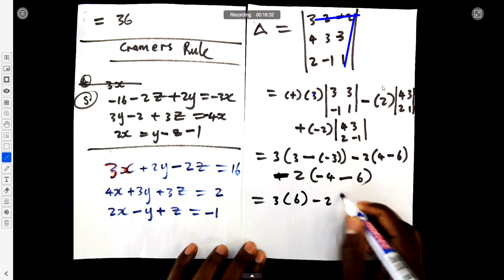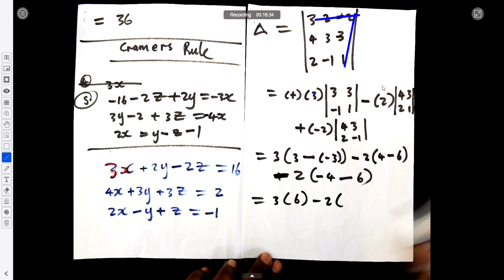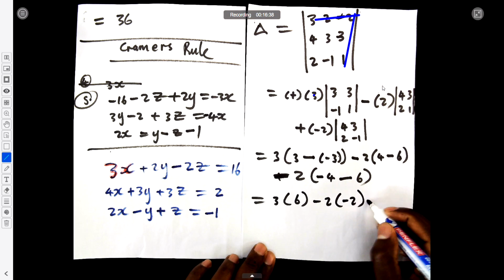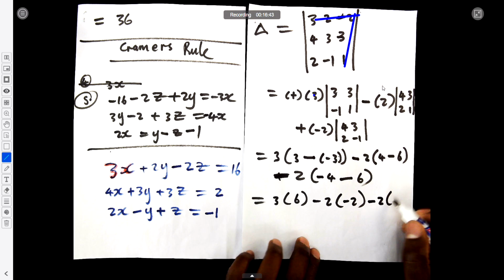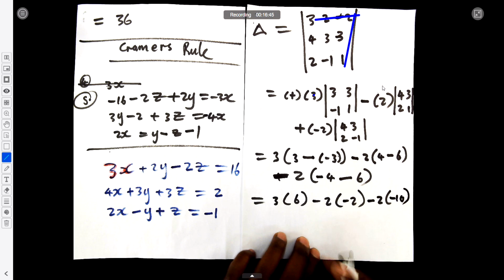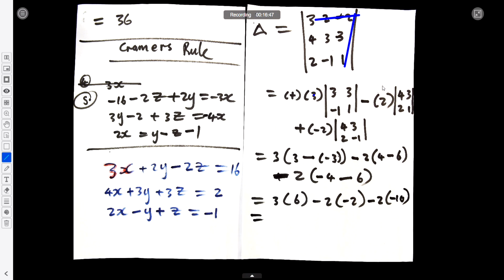4 minus 2 times 2. So 4 minus 6 is negative 2. Therefore, you'll have minus 2. So minus 4 minus 6, so minus 10. I think here you can write the final answer because everything is clear. Having 12, 18 minus 4, which is 14, but minus 20.